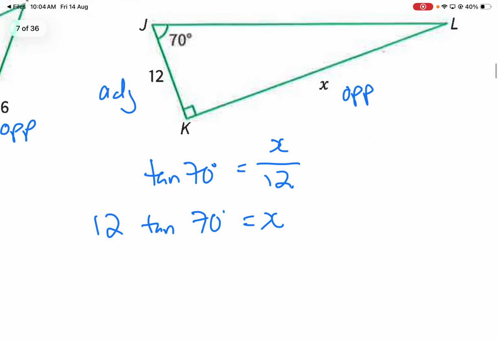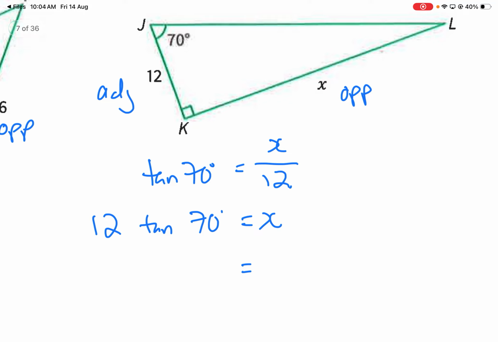Press calculator, answer already. 32.969. Three significant figure. 9 is the third significant figure. I look at 6. 6 means my 9 need to round up. 9 round up become 33.0.